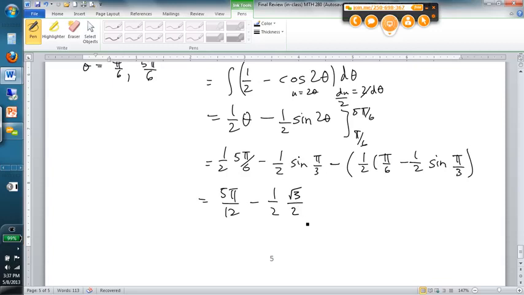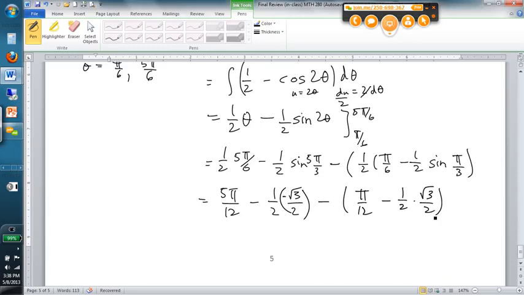5 pi over 3? Okay, if you want to. 5 pi over 3, which is still square root of 3 over 2. No, is that a negative? That's going to put it in quadrant 4, so that's a negative. Thank you. All right, then minus, that would be pi over 12. So that's my square root of 3 over 2.